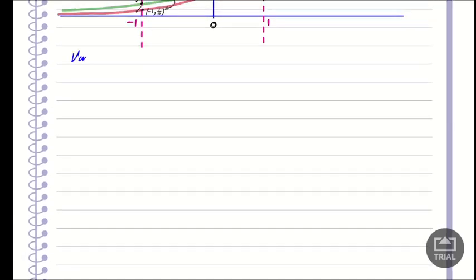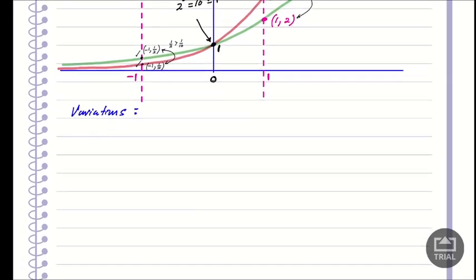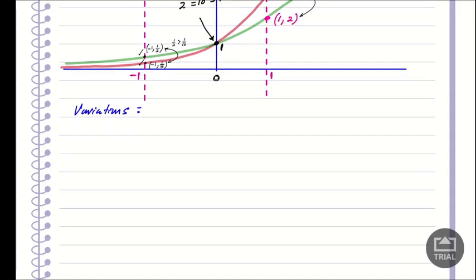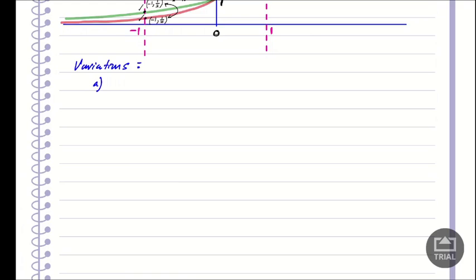Firstly, we'll think about what the possible variations are. Logically, the first variation can be y is equal to 2 to the power minus x.